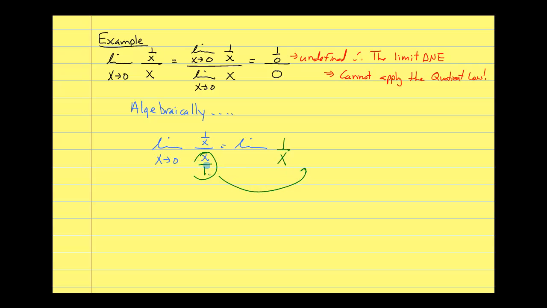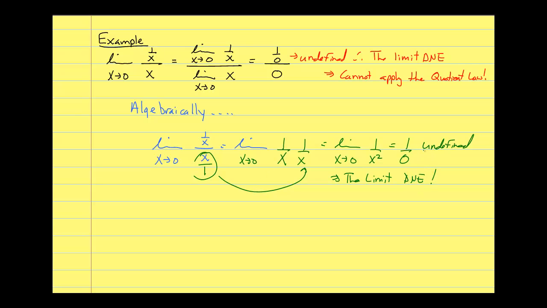So the reciprocal of x over 1 is 1 over x. So this is the limit as x approaches 0 of 1 over x squared. Well, we've looked at this one before. When I plug 0 directly in, I get something that's undefined. And this implies the limit does not exist.